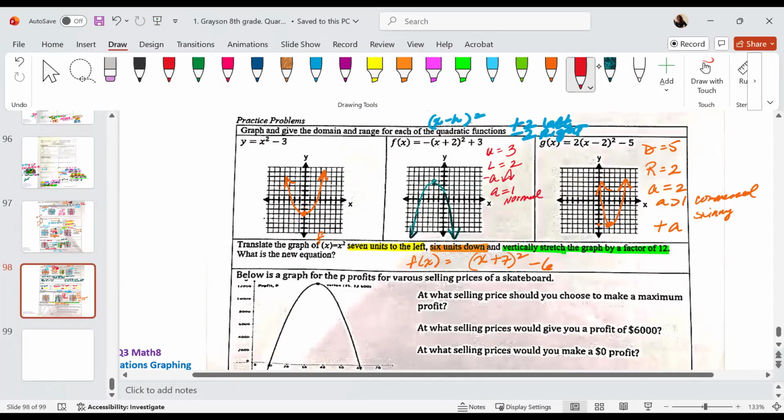So is vertical stretch going to be a equals 1 over 12 or a equals 12? What do you think that means? Because there's a horizontal stretch and a vertical stretch. What do you think? Let's check.